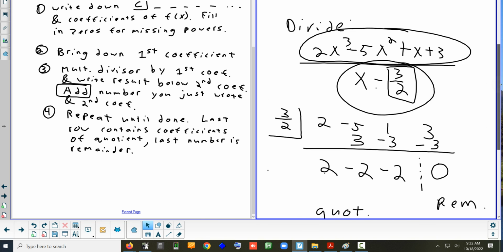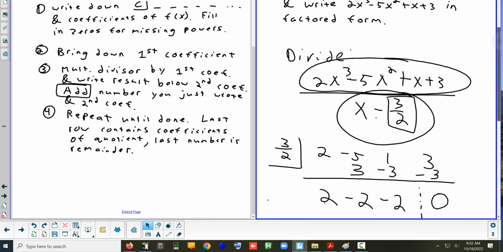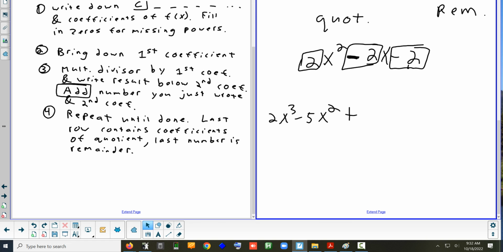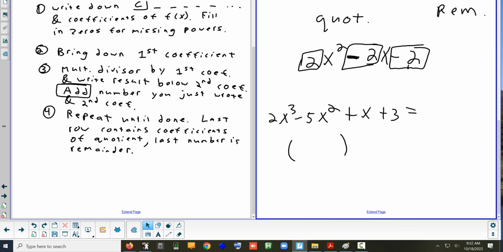So, if you wanted to factor 2x cubed minus 5x squared plus x plus 3, is that the original problem? Okay. That would factor into, well, one of the factors is x minus 3 halves.